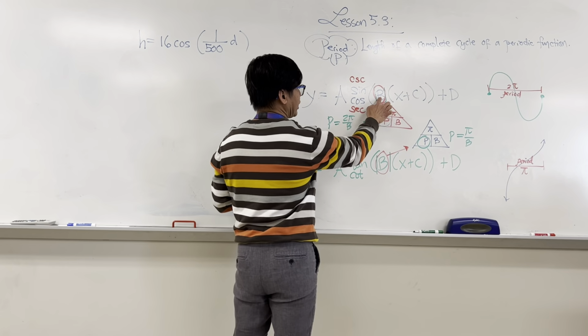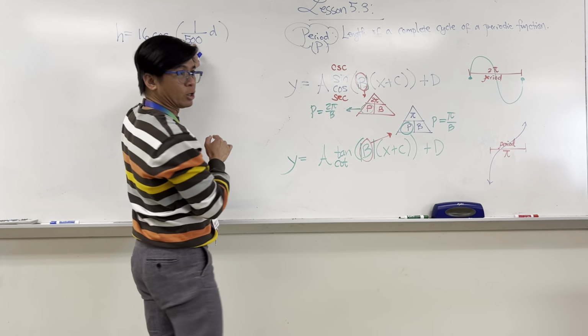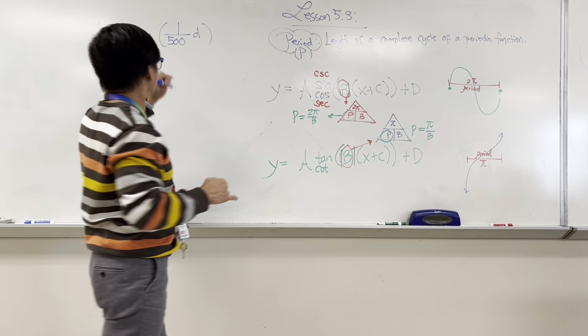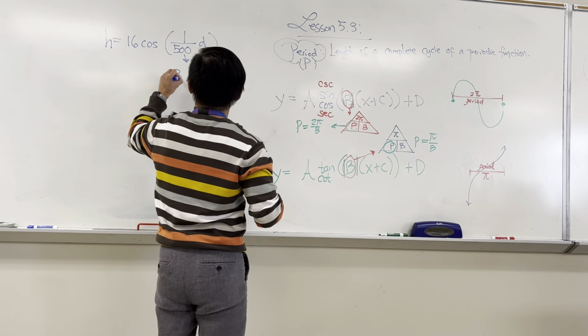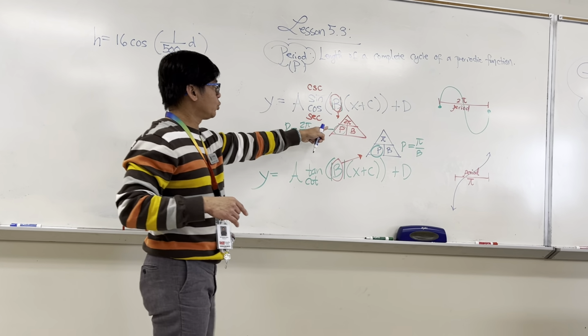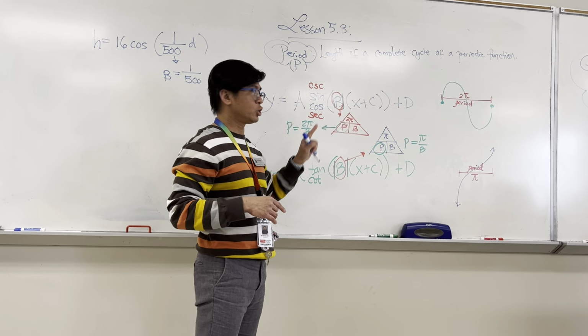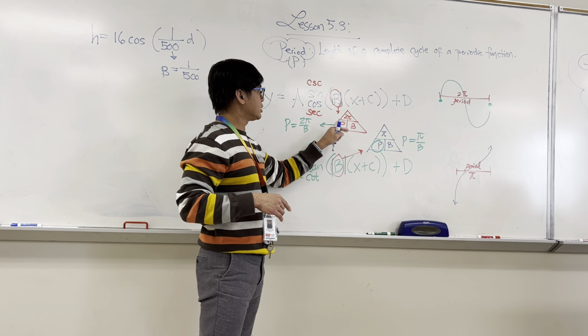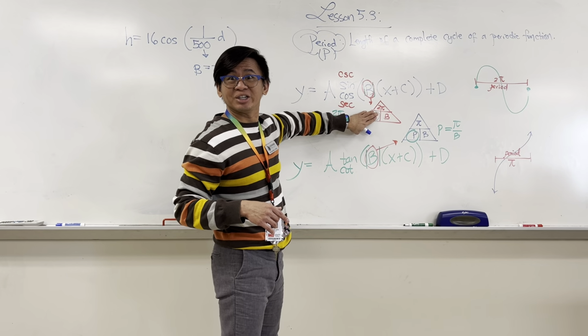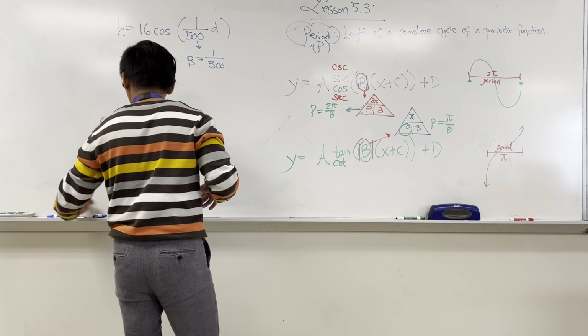So your b is basically the multiplier of your independent variable d, right? So this is your b. Well, first, it's cosine, right? How do you get the period? Well, it says in here to divide 2 pi by that b. Are we good? So that's what we're gonna do in here.